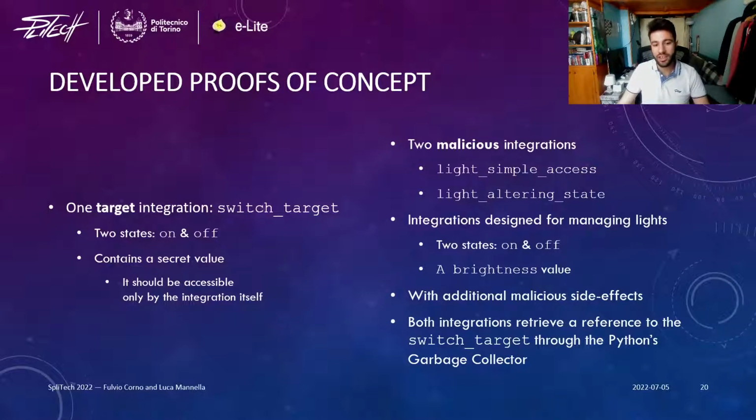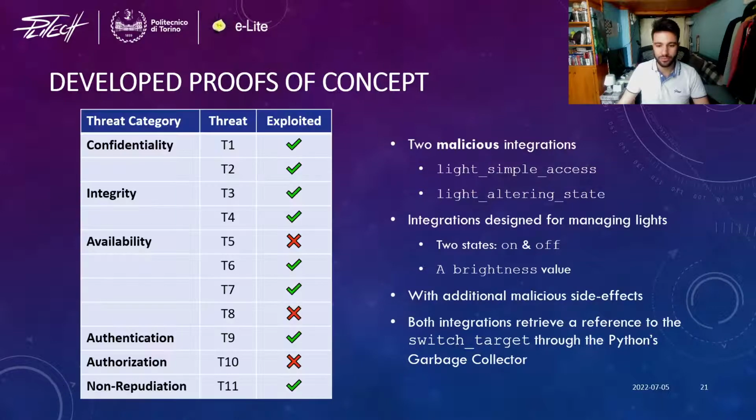They have 2 states, on and off, and a brightness value, but they have an additional malicious side effect. Indeed, both these malicious integrations are able to modify the status or the private data of the switch target, which is an integration outside their scope. Both integrations, to have access to the switch target, retrieve a reference to it from the Python garbage collector.